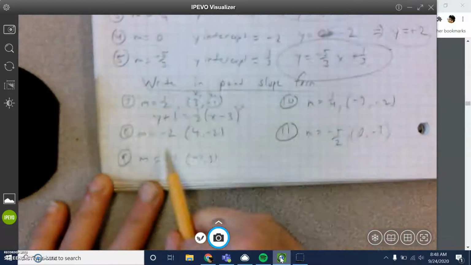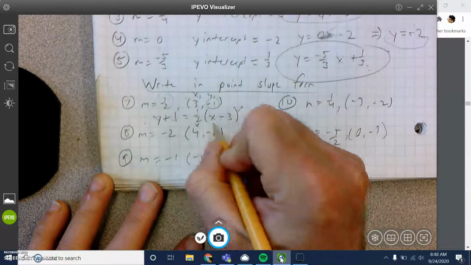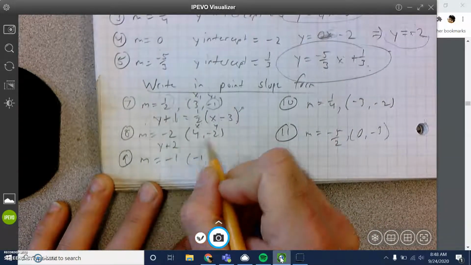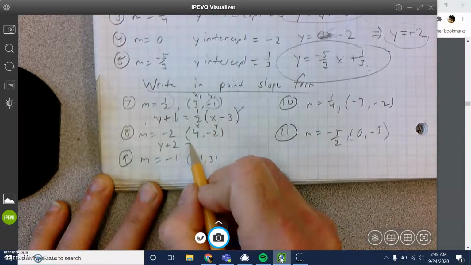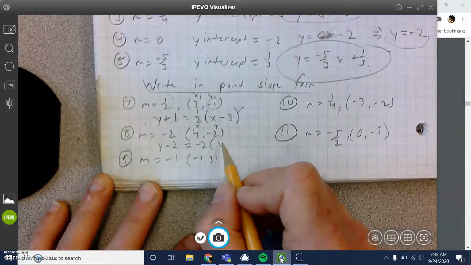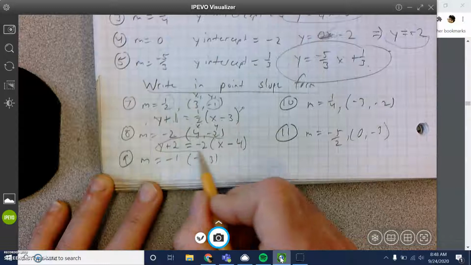So number 8, the slope is -2, and the point is 4, -2. So this is going to be y plus 2, because that's y1, equals slope, -2, times the quantity x minus x1, which is 4. Got it.